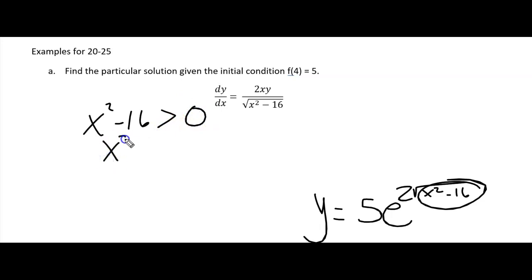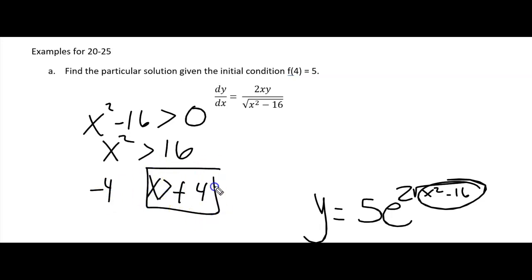So first of all, we're going to add 16 to both sides. And then we're going to square root it. Now, as you guys remember, when you square root, you get a positive answer and you get a negative answer, right? So the square root of 16 is 4, so we get 4 and negative 4. But here's something kind of interesting. For the one that's positive, it looks like this. X is greater than 4.